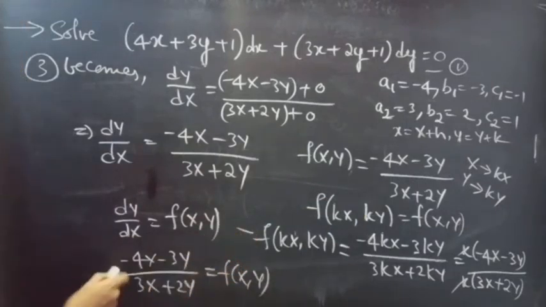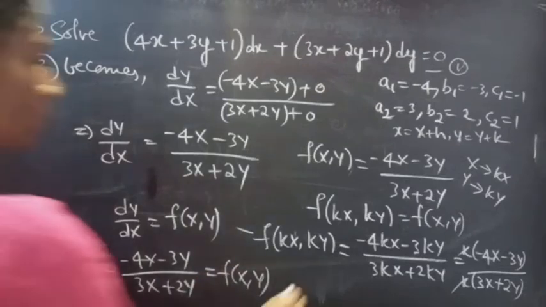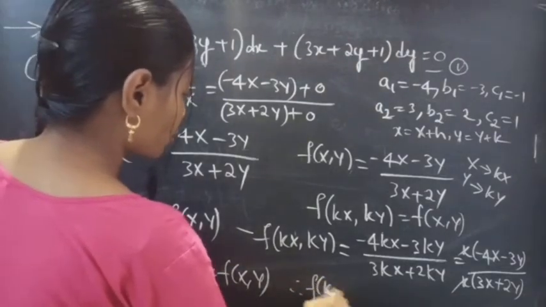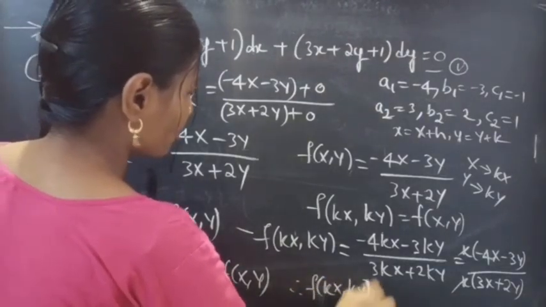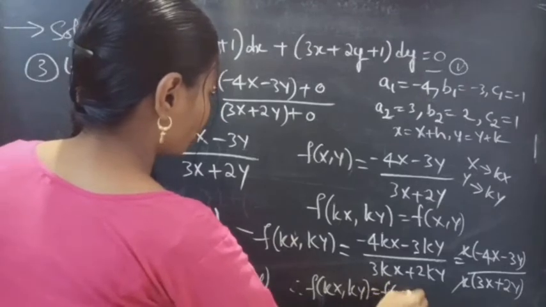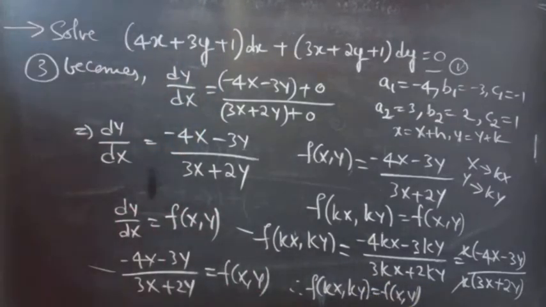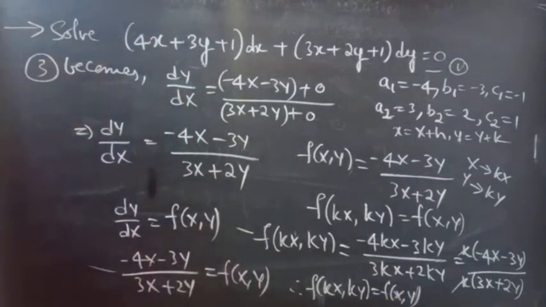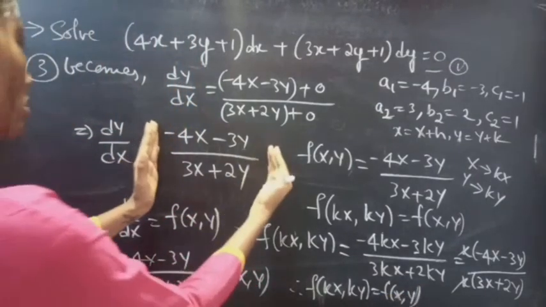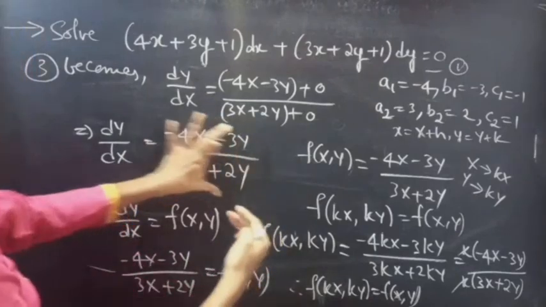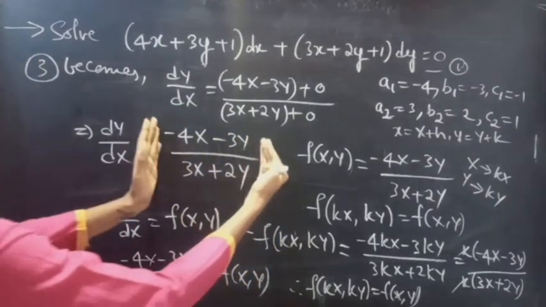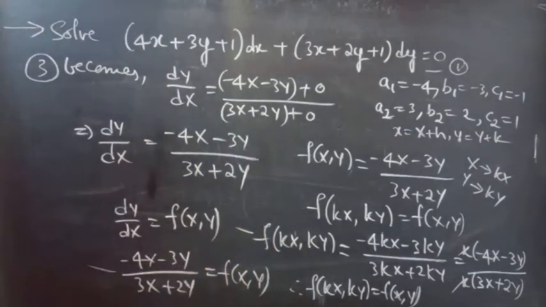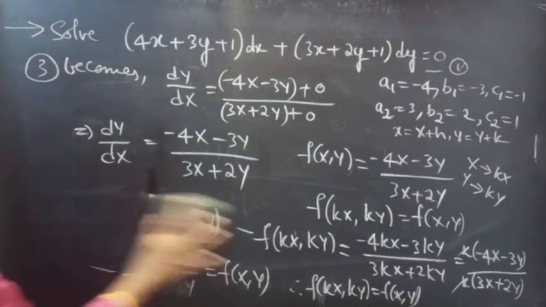So from this we can say that function of kx, ky equals function of xy. Since function of kx, ky equals function of xy, this function is a homogeneous function, and the differential equation involving a homogeneous function is called a homogeneous differential equation.